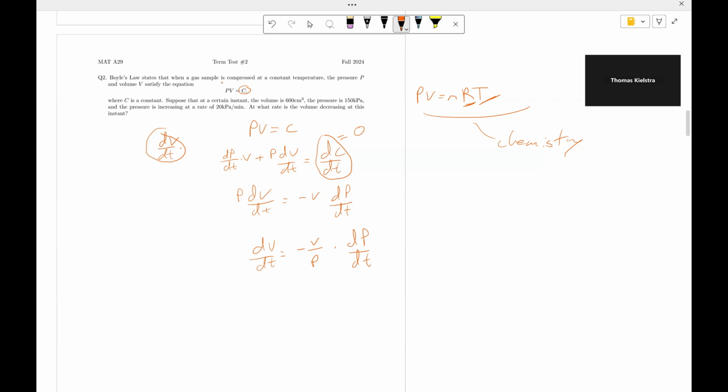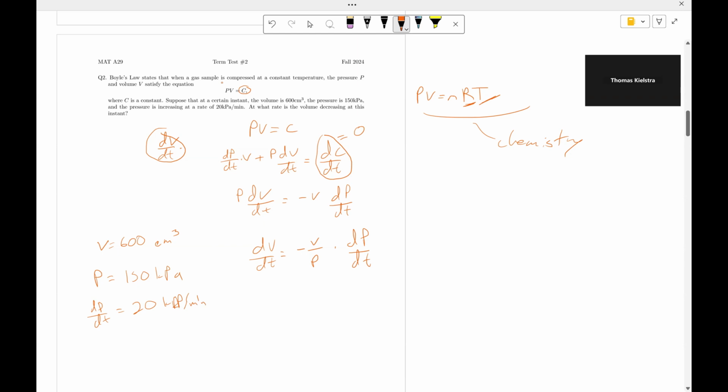And now what are we given? We're given that V equals 600 centimeters cubed. We're given that the pressure equals 150 kilopascals. We're given that the change in pressure with respect to time is 20 kilopascals per minute.